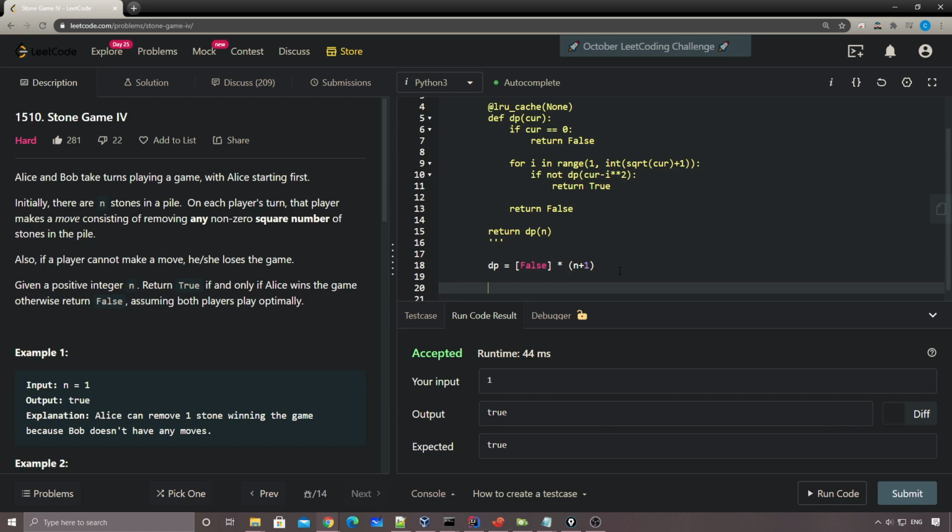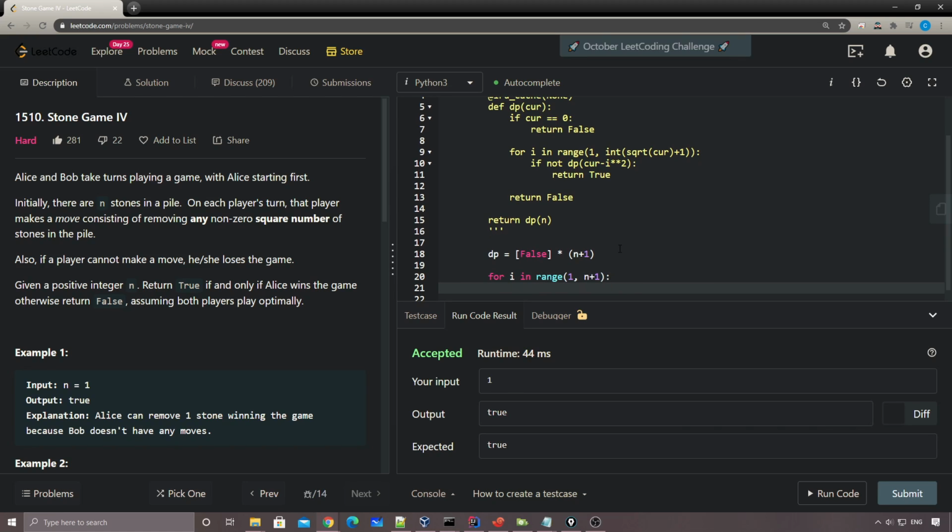And for the bottom up, what we're doing here is we're looking backwards. With the current dp[i] here, how can we determine if the current dp[i] is true or false?